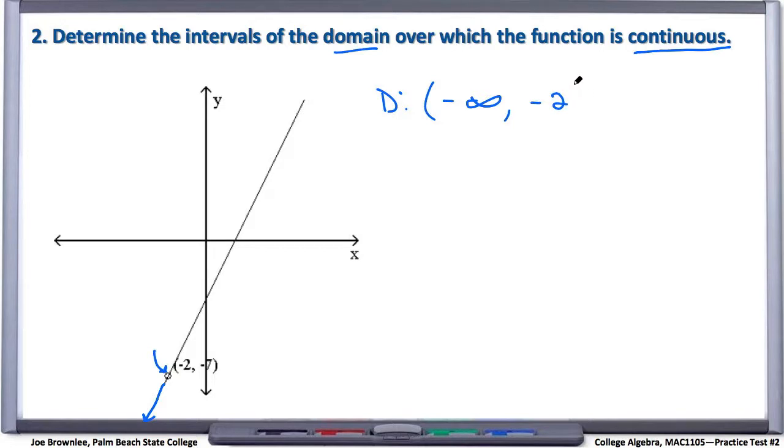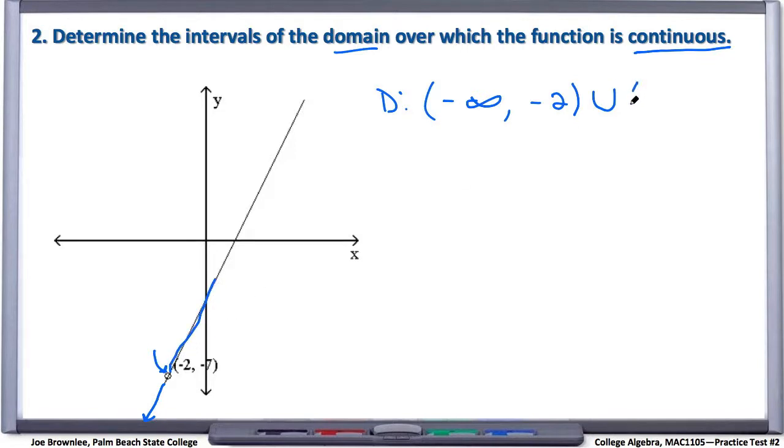They don't exist at -2, and so we close this part of the interval with a parenthesis. We're saying go from negative infinity up to -2, but don't include -2. So we use a parenthesis, and then we use our union symbol, because at -2 we're going to jump over that point, put our pencil back down, and continue graphing the rest of the way.